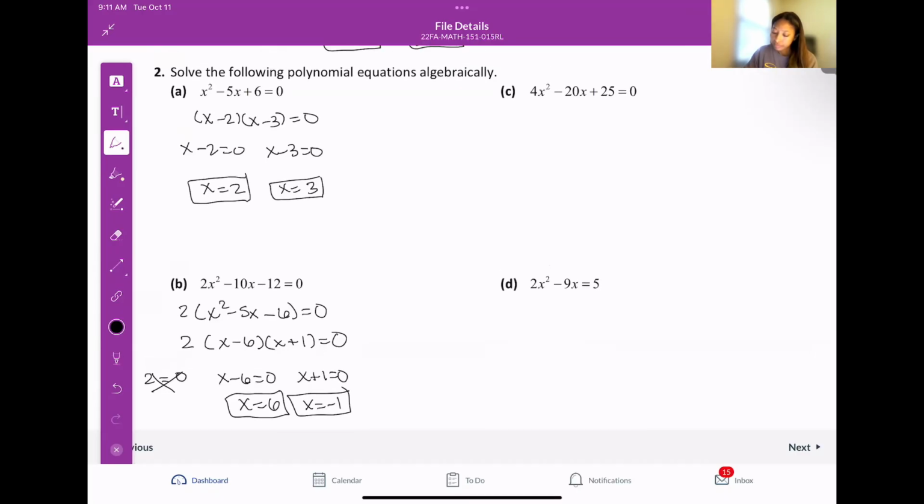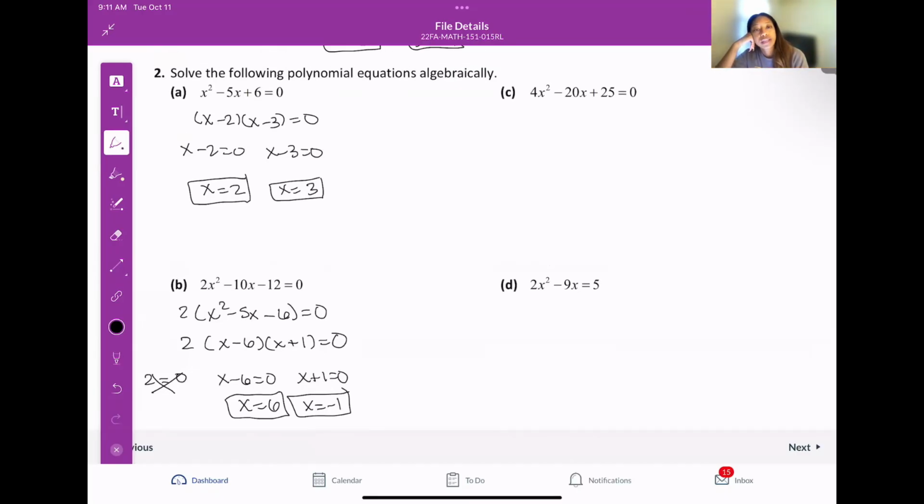All right. Part C. When we look at these types of trinomials, we can't factor out the 4. Then we want to look to see, are the first term and the last term squares? 4x squared is a square, 25 is a square. Okay, that middle term is being subtracted.